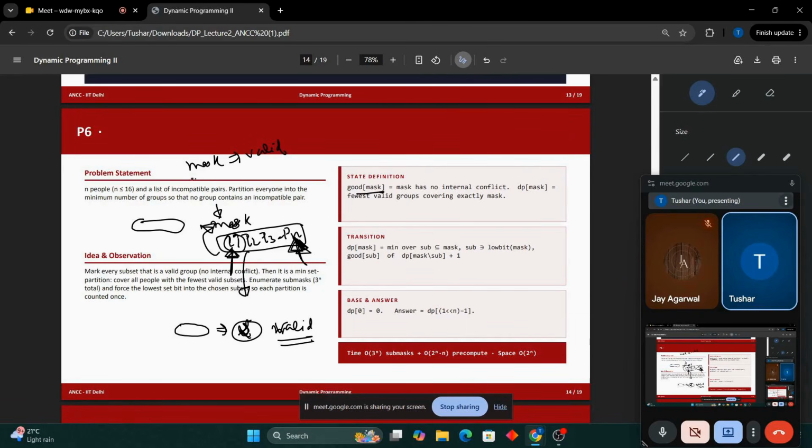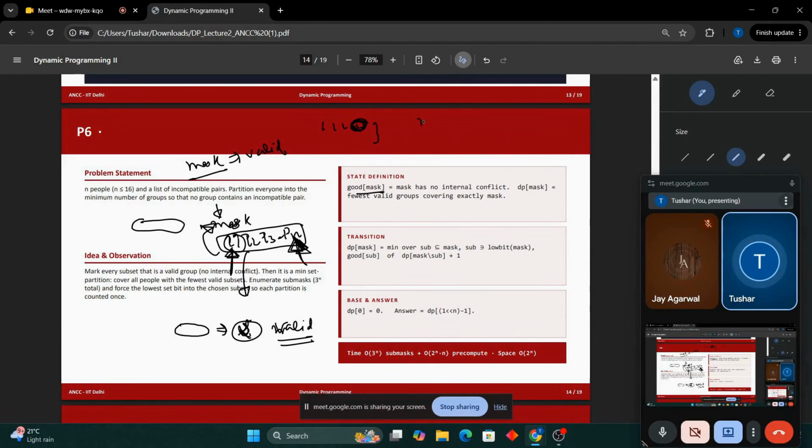So for this mask, how do we know if this is valid, which we can pre-compute for a particular mask? For each person, if we have a mask of the persons with which that person is not compatible, and if those two masks share a bit, then this mask is not valid, right?